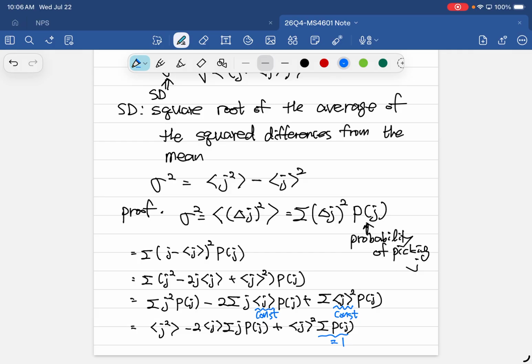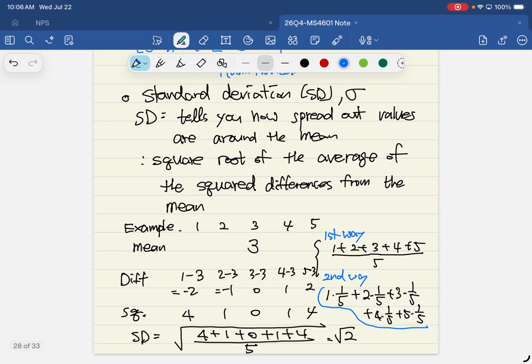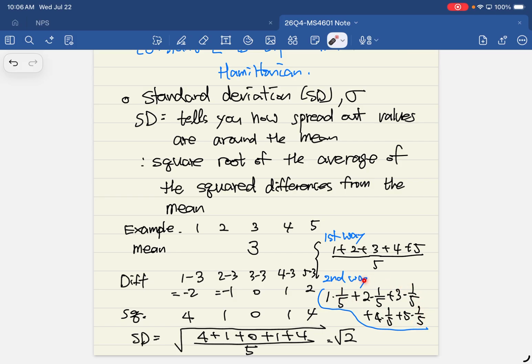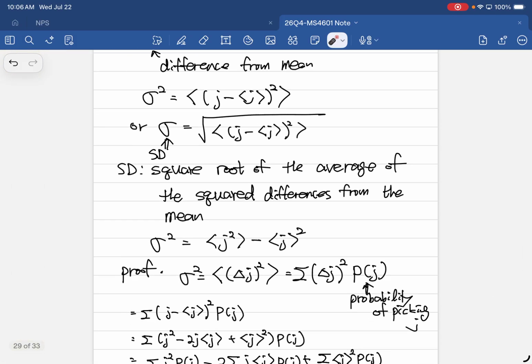That is essentially the expression for average, so this one is simply j bracket. Does that make sense? Because what we are doing is summing over all the elements, and for each term we write the element itself multiplied by the probability of picking that element. That is essentially the same as this idea. So this one is now the average.